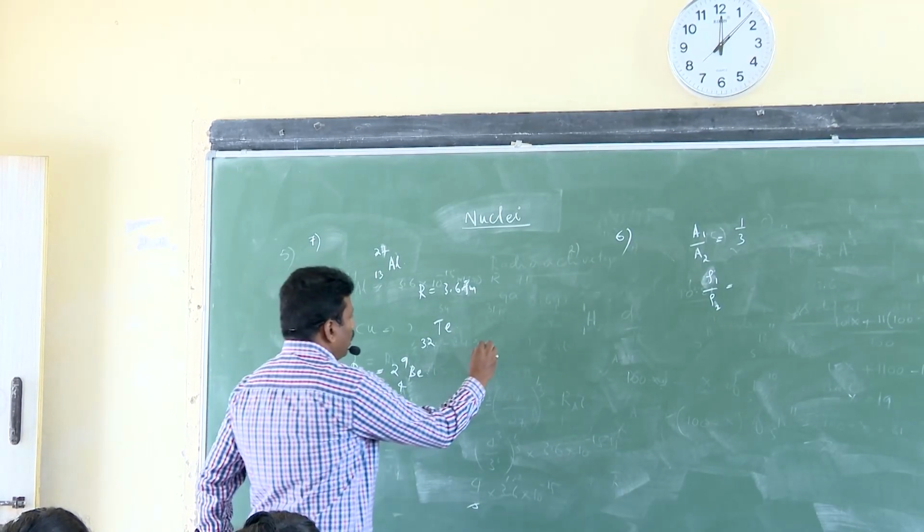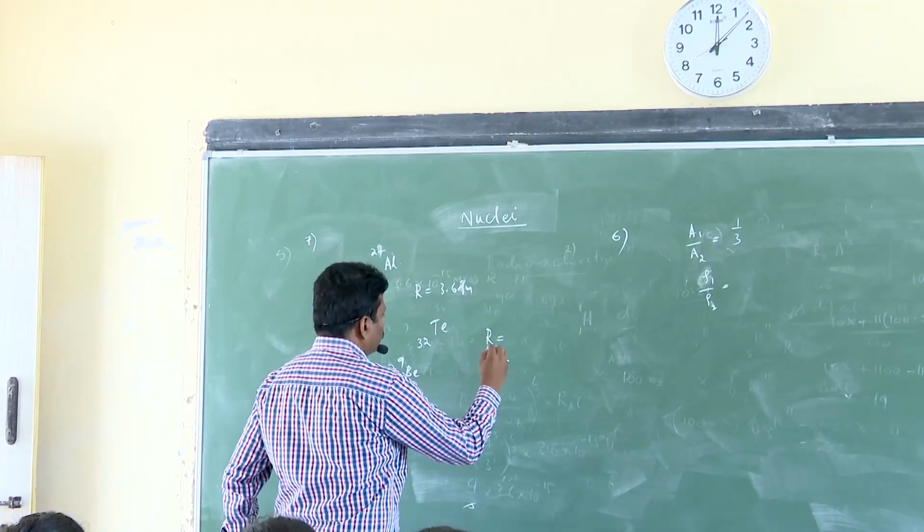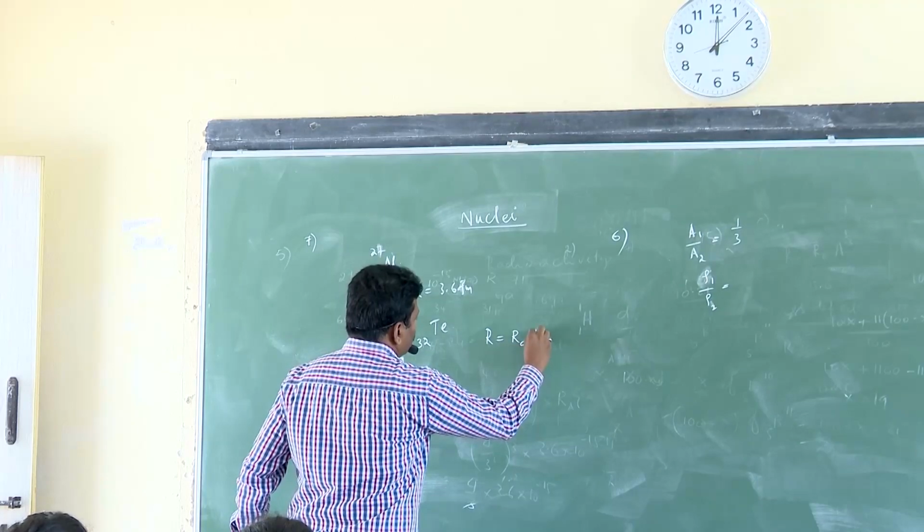So we have R is equal to R naught into A to the power of 1/3, the same formula.